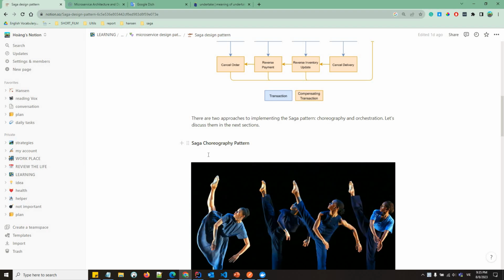Each service communicates with the coordinator, and the coordinator knows the status of the services and decides the next step. It will roll back or continue the process.